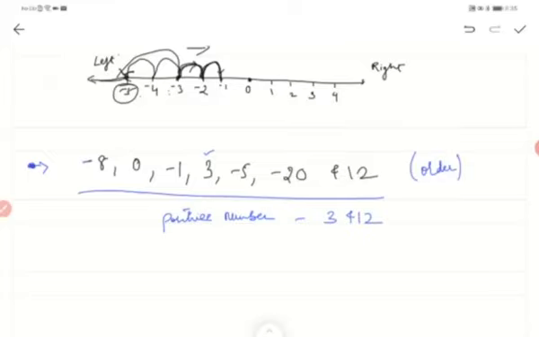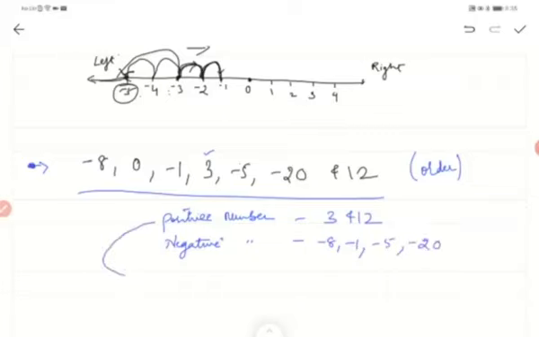It is neither positive nor negative. Let's write the negative numbers also. You have negative numbers: -8, -1, -5, -20, right?